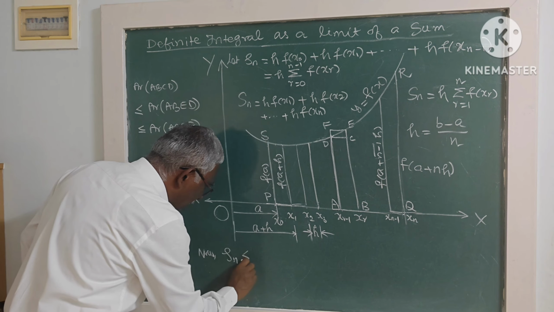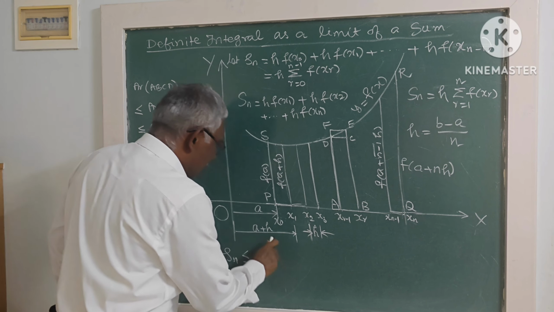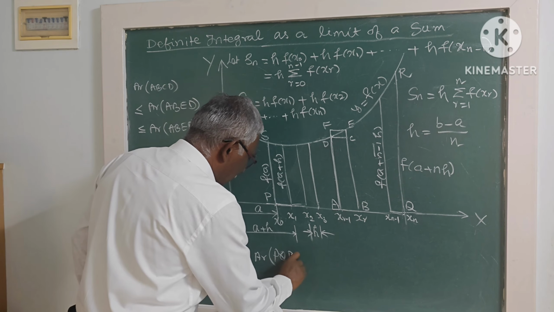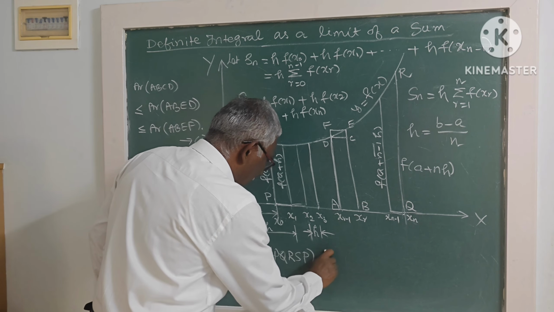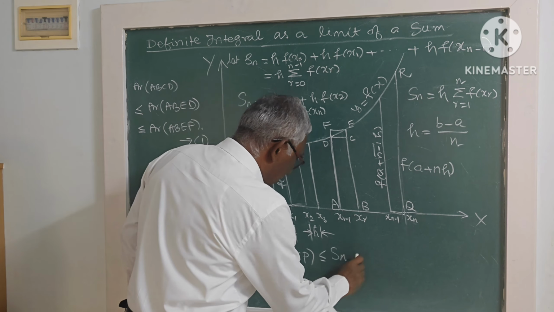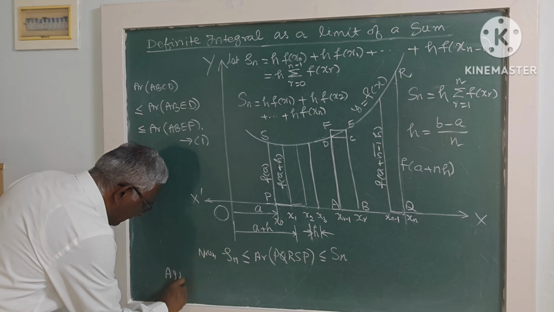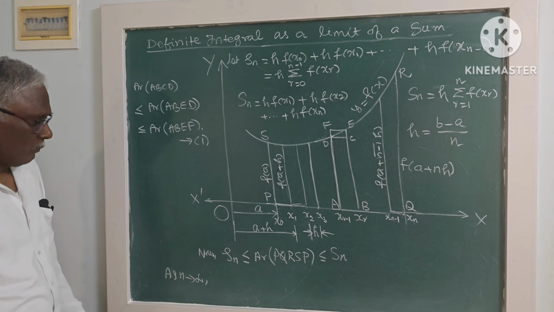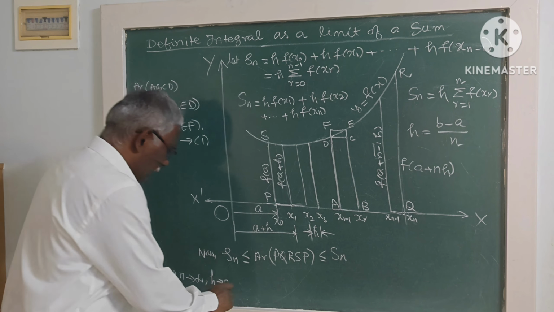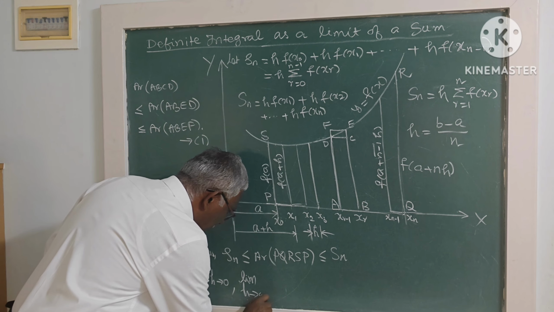Small sn is less than or equal to the area of the region PQRSP, which is less than or equal to capital S suffix n. As n tends to infinity, h tends to 0, then this becomes a limit as h tends to 0.